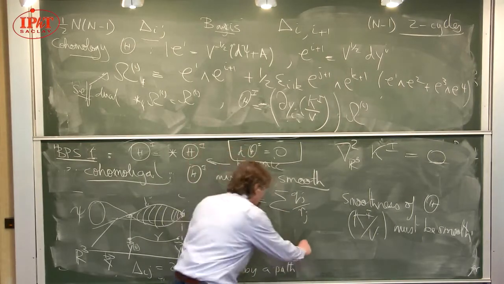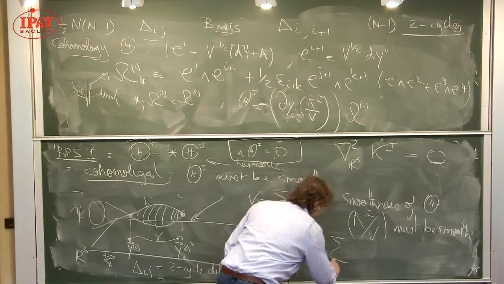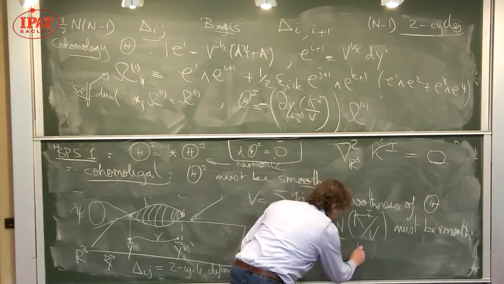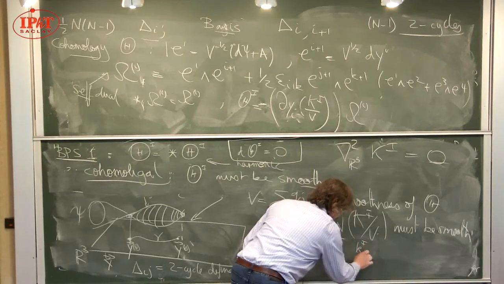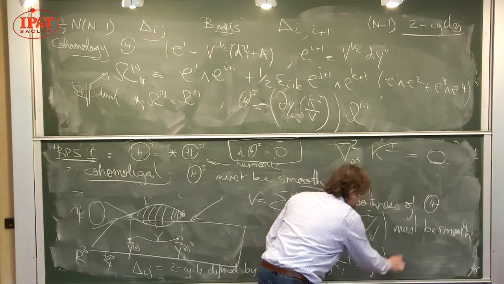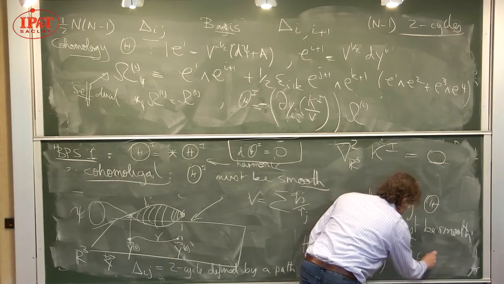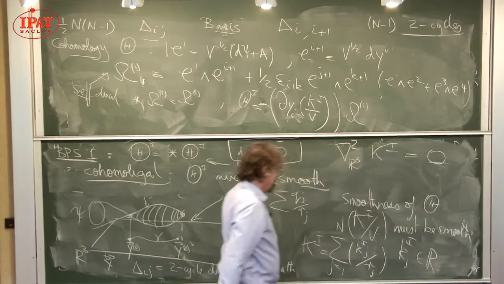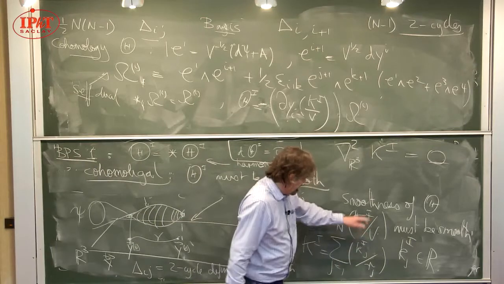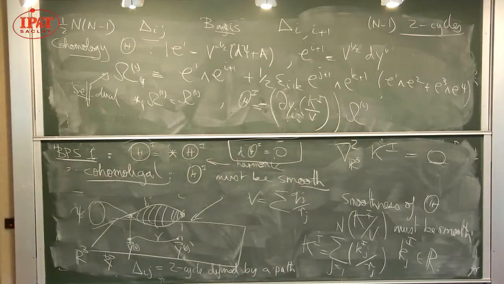The k^i's can blow up at points. So if I take k^i to be equal to the sum over all the given points, however many I've got, of some parameters k^i_j over r_j, for some k^i_j, any, for the moment, just any real numbers, then this is smooth, because when v is blowing up, k is blowing up, the singularities cancel, and you get a nice smooth function.